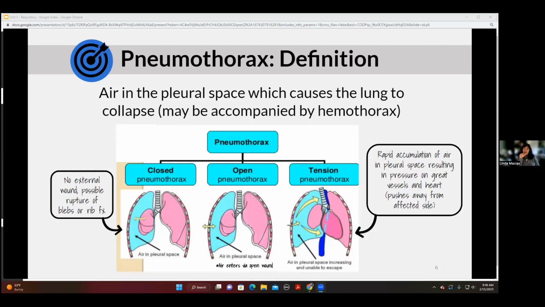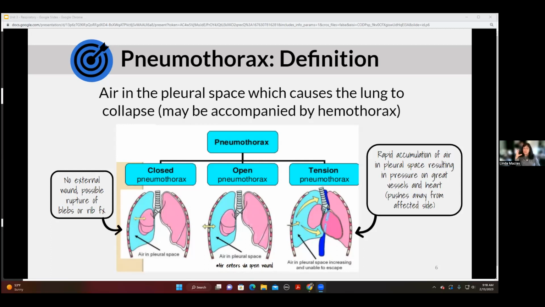If you look at my little picture here, you see a closed pneumothorax is where there's air in the lung and it's collapsing the lung. It's air in the pleural space. An open one, there may be a trauma to it and air is rushing into the lung. And then a tension pneumothorax could be both. So you're looking at air in the pleural space, increasing and unable to escape.